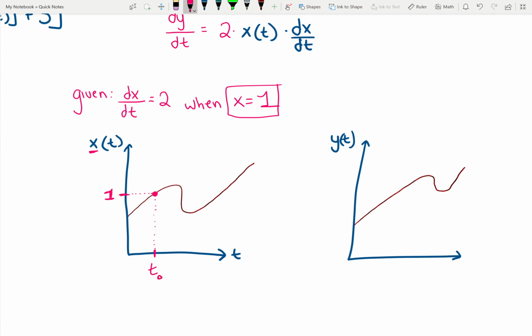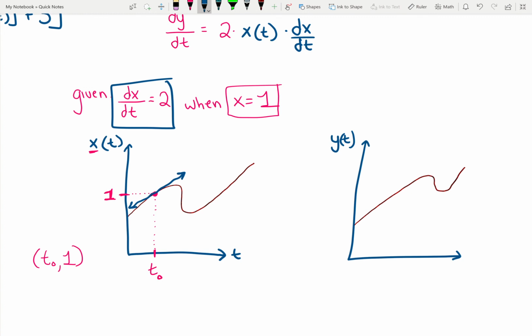So at t naught, x equals 1. So this point right here is t0, 1. The derivative, the slope of the tangent right here, is 2. That's what they're saying.